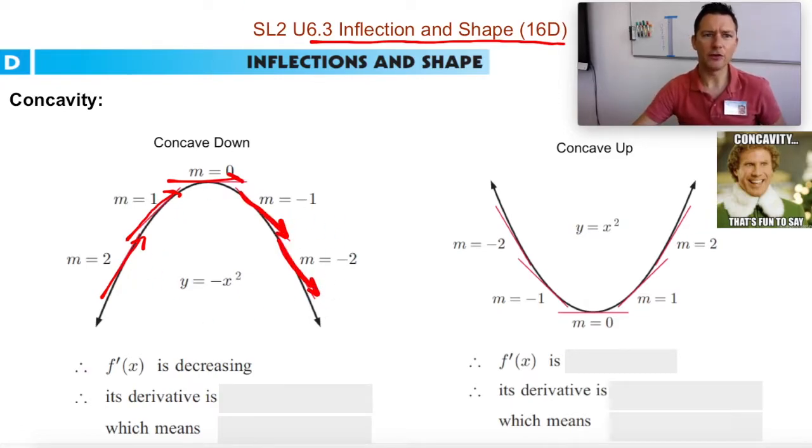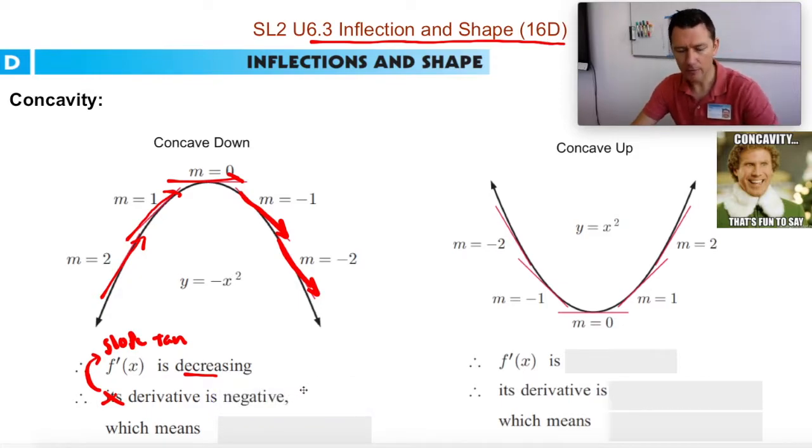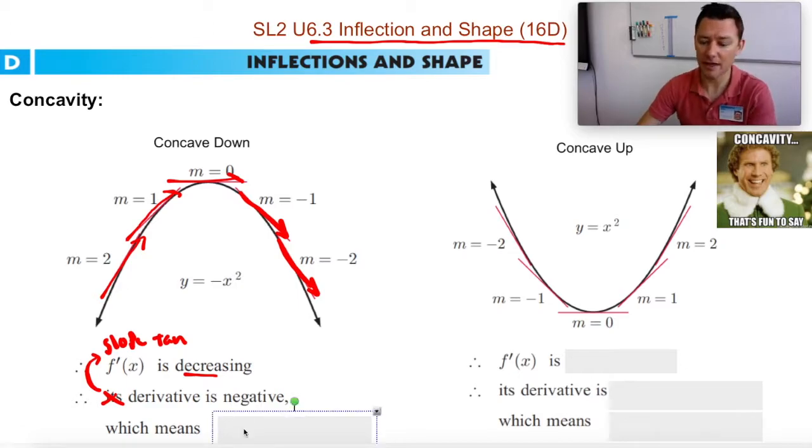Instead of calling this f prime of x, maybe we could call it the slope of the tangent. You can see that the slope of the tangent is decreasing. It's positive here, it goes to zero, getting negative, so the entire time the slope of the tangent decreases. Therefore, the slope of the tangent's derivative is negative, because the change in the slope is negative.